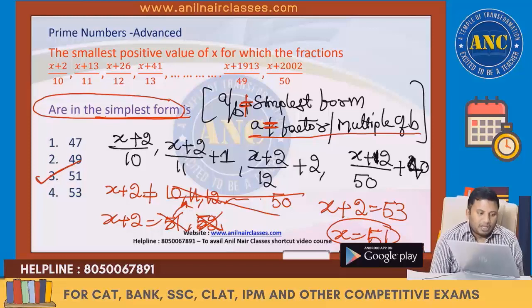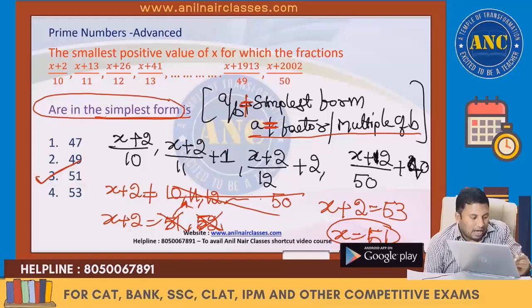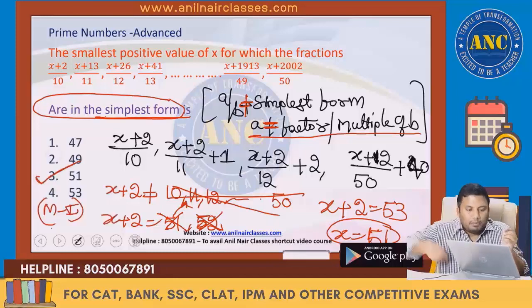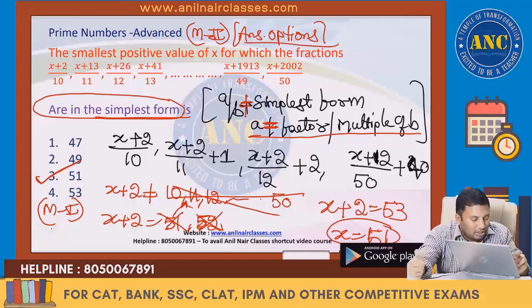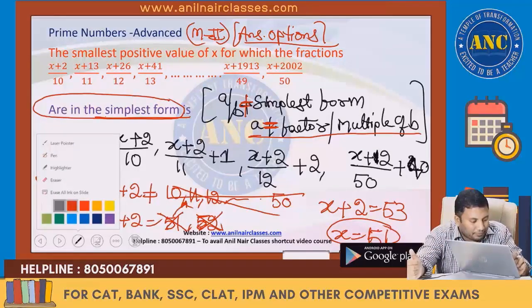Kindly reply. This was method 1. I wanted to discuss the concept with you, so I said method 1. Method 2 is by using answer options. I will just tell you one answer option so that you will understand it.